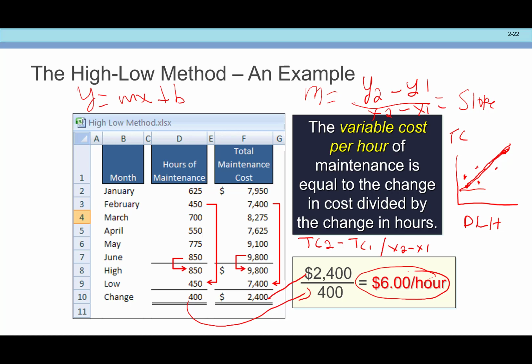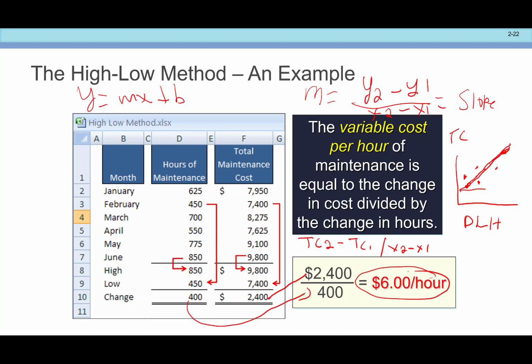Now, if it doesn't line up perfectly along that line, what the observation points are telling you is some of your costs that you think are variable, they got a little fixed in them. What are we going to do? They're not going to necessarily be perfectly variable, but we're just trying to come up with our best estimate here, aren't we?